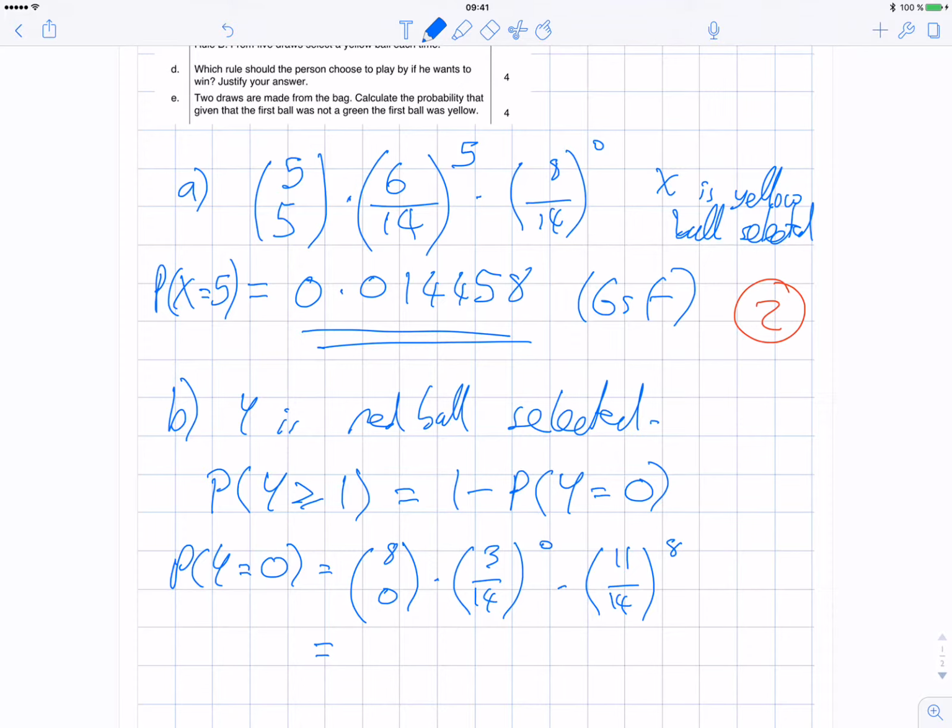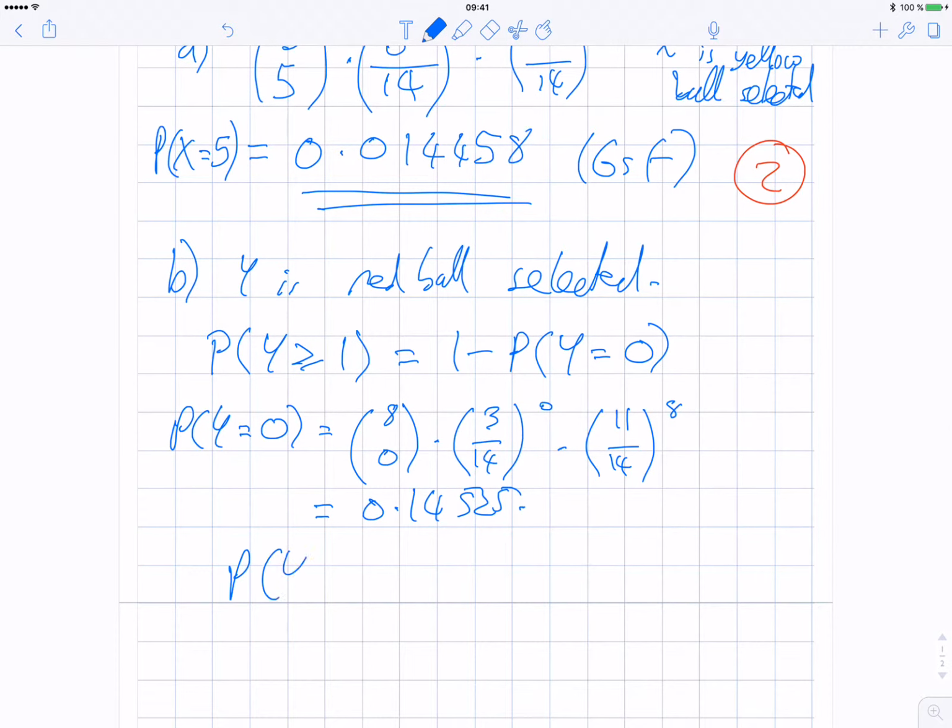So menu 5 5 D, so 8, probability of success 3 over 14, and that's happening no times. And the answer to that is 0.14525, so the probability of Y being greater than or equal to 1 is equal to 1 minus 0.14525, which is equal to 0.85475. Actually, it's exact, so I don't need to round it.